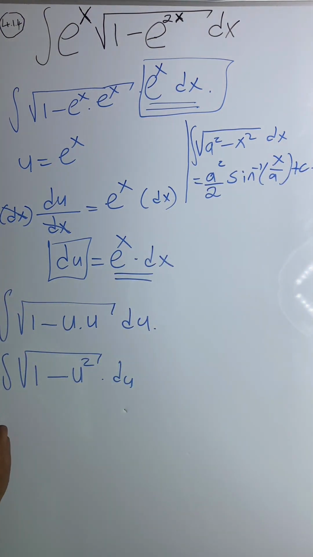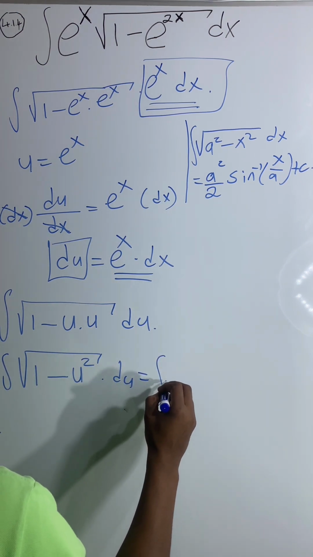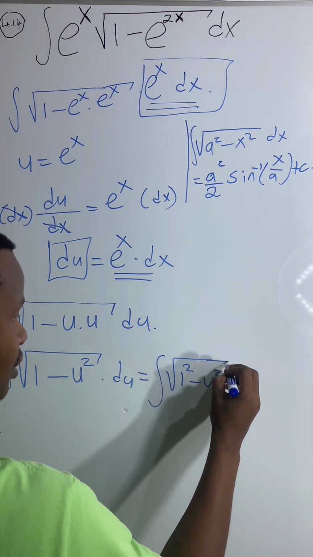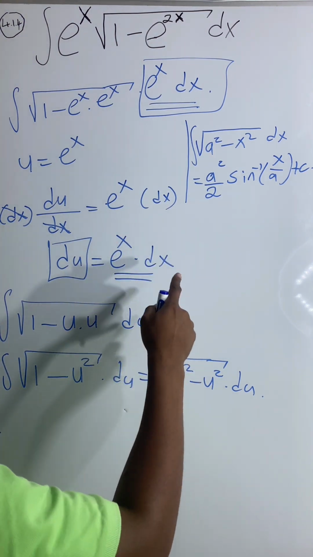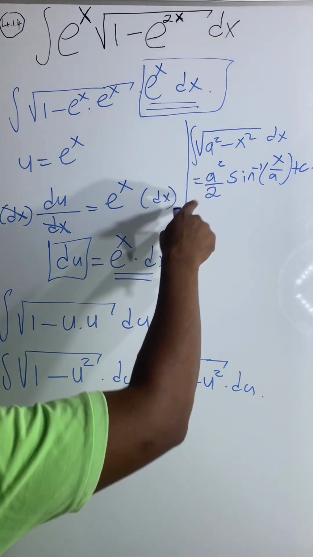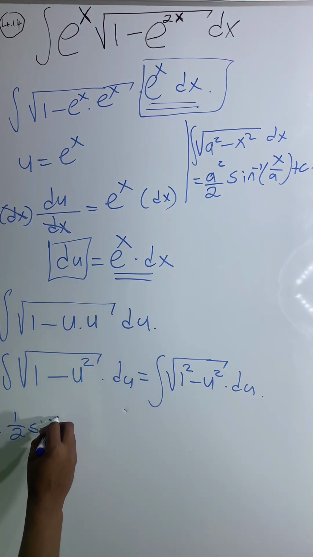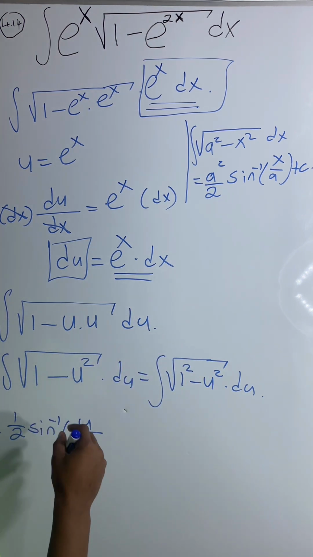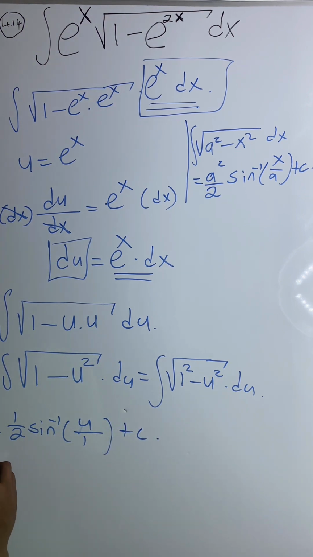In our case, we can rewrite our integral as the square root of 1 squared minus u squared multiplied by du, where our a is equal to 1. So this is equal to 1 over 2 arcsine of x, in our case it's u, over a, our a is 1, plus c.